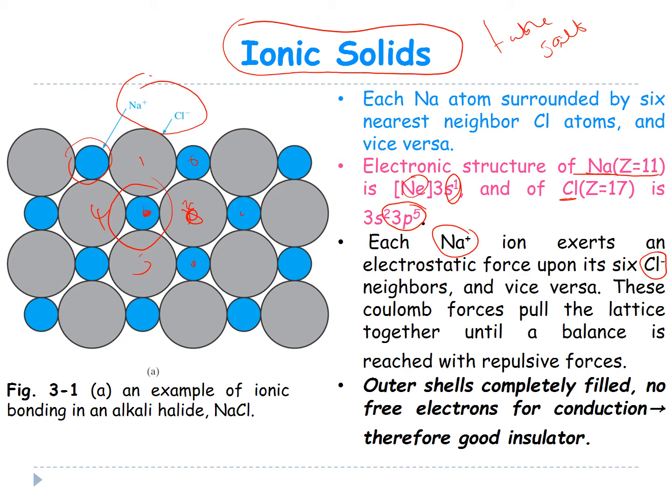Now, you all know that positive and negative attract each other, but positive and positive repel, or negative and negative repel. Now the sodium is positively charged, the chlorine ions are negatively charged. So these two attract each other. So there is what we call an electrostatic force that each sodium ion exerts on its 6 surrounding chlorine ions.